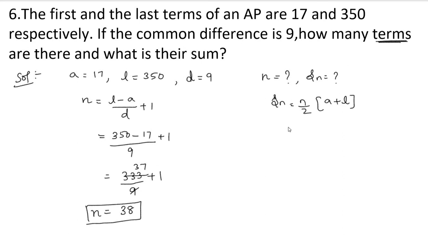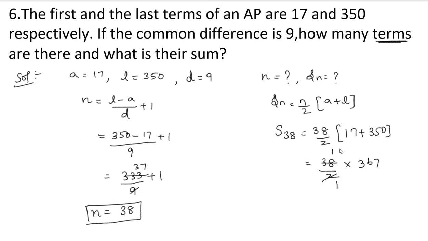So Sn is 38 by 2 into, what is A? We have 17, 17 plus 350, which is 367.